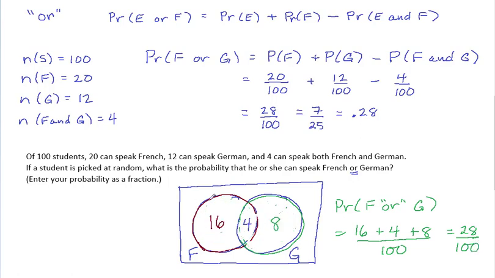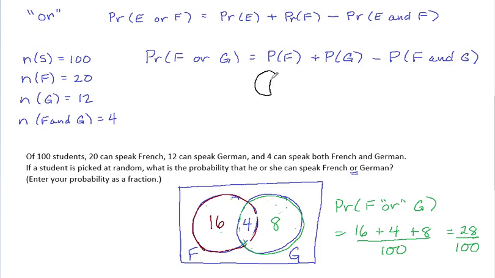Okay, now let me try to do this again and illustrate why we need to subtract off this extra part. Probability of French would be these 16 people in this region plus those 4 people here. There's the 20 French speakers. Plus probability German is these 4 people plus these other 8 people right here.